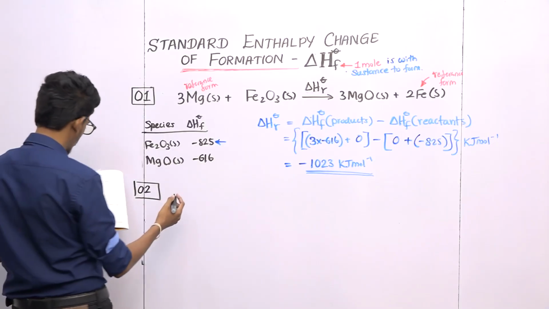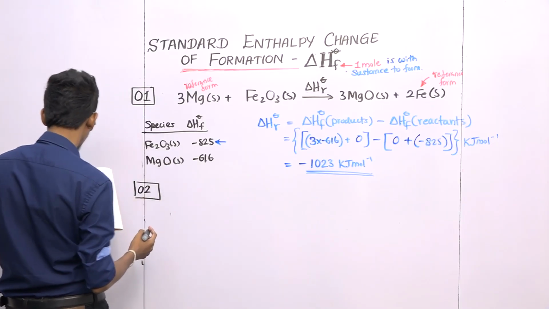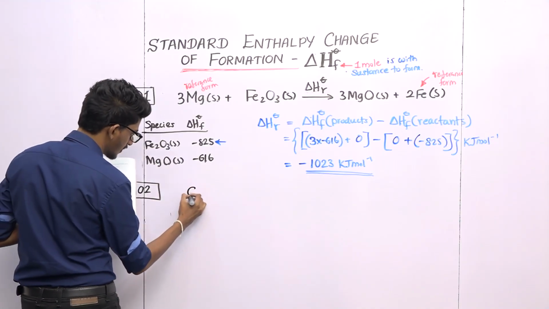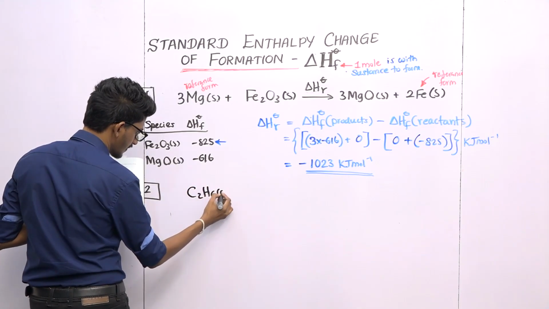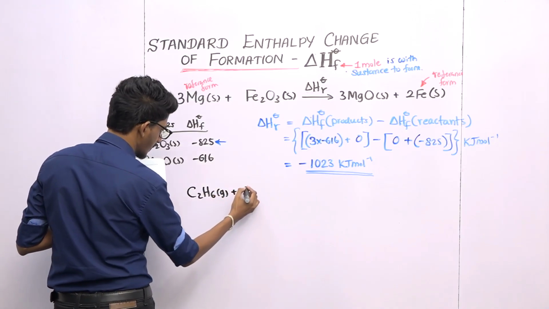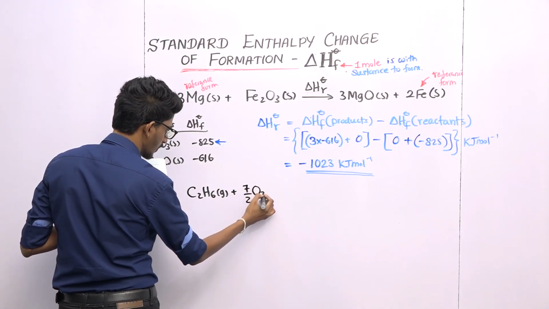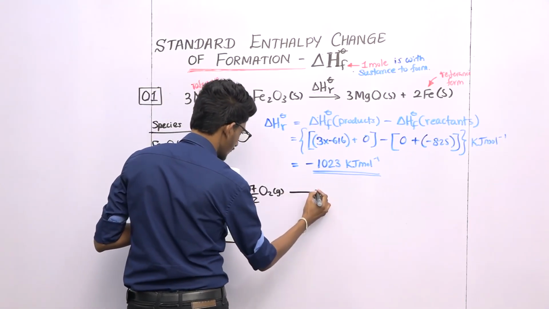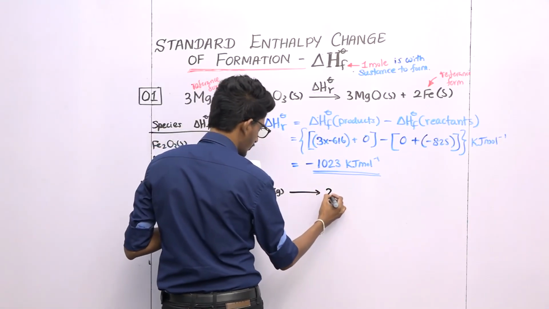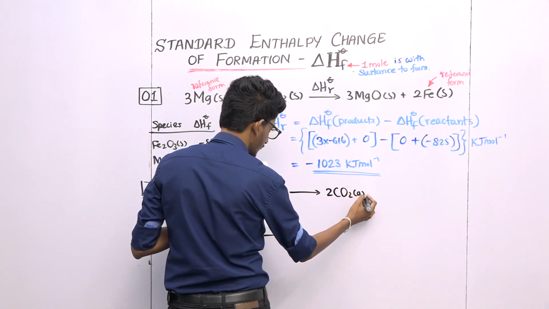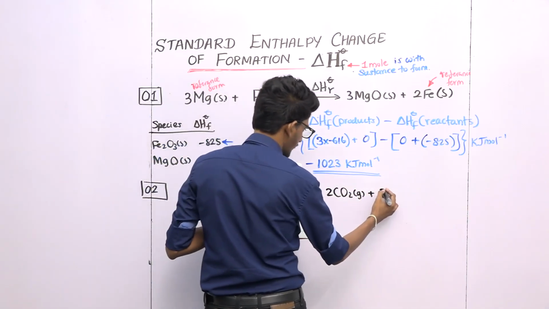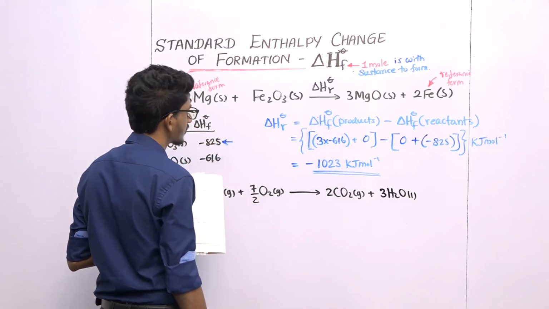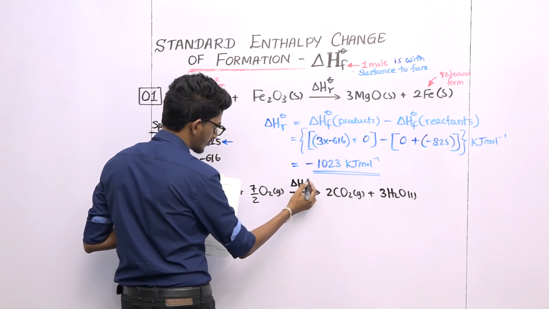You have to do some correction there: it should be C2H6 gas reacting with 7 O2 gas, to produce 2 CO2 plus 3 H2O liquid. So this is about delta H naught R.